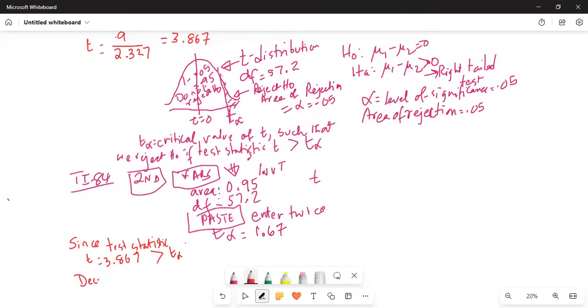Decision: that means 3.867 is to the right of this T alpha value. Decision is reject H0 because it is on the right tail. It's on the right of the T alpha value. Okay. So, conclusion.